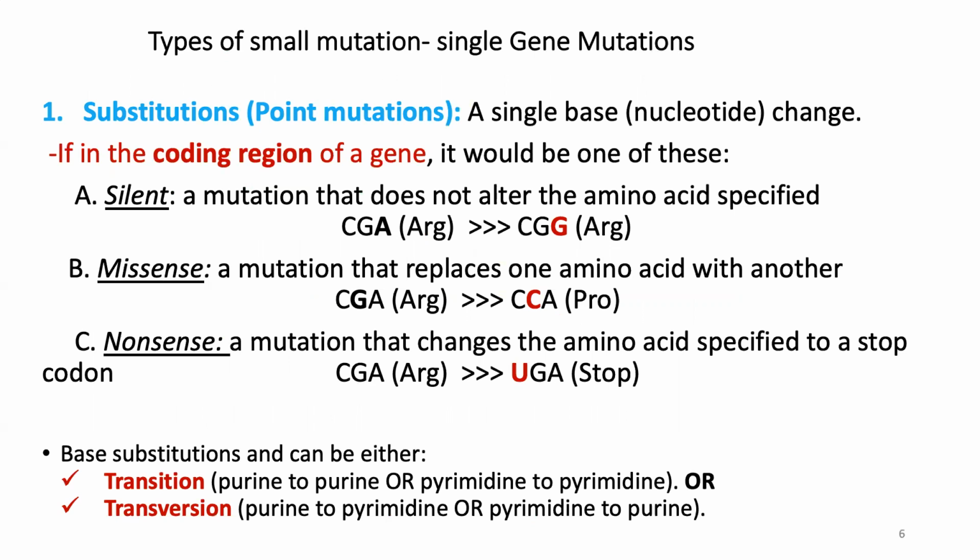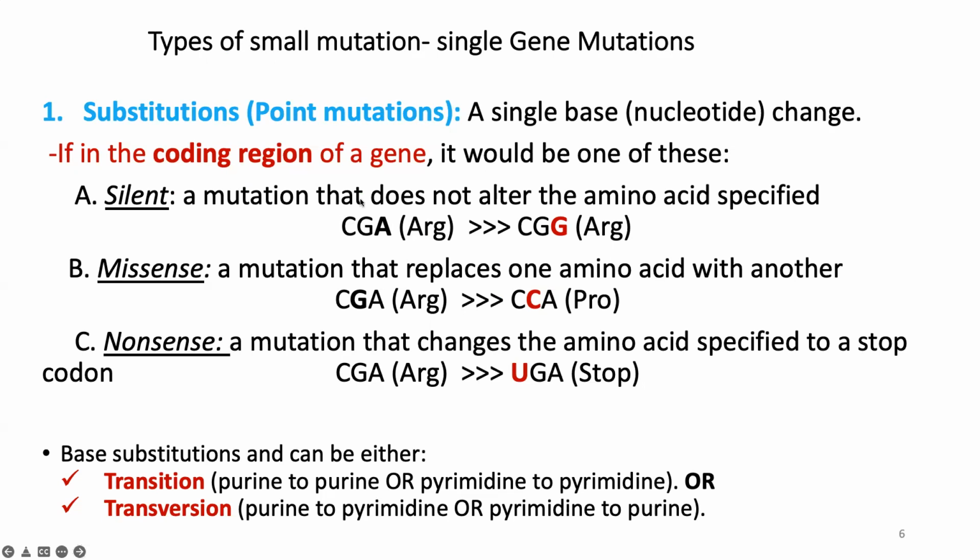And again, the classification or the types of the point mutation itself depend on whether the mutation occurs in the coding region of the gene or the non-coding region. If it occurs in the coding region of the gene, then it could be one of these mutations. It could be silent mutation. By silent, we mean that there will be a change in the nucleotide, as we can see here.